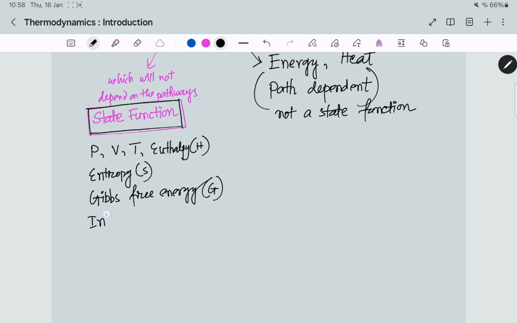And internal energy, which is often described as U or E in different books. So they are all state function.